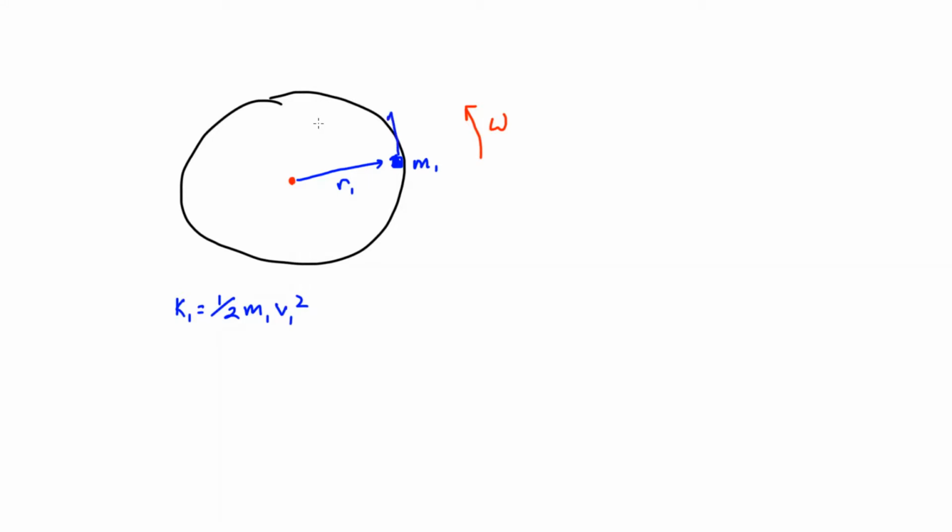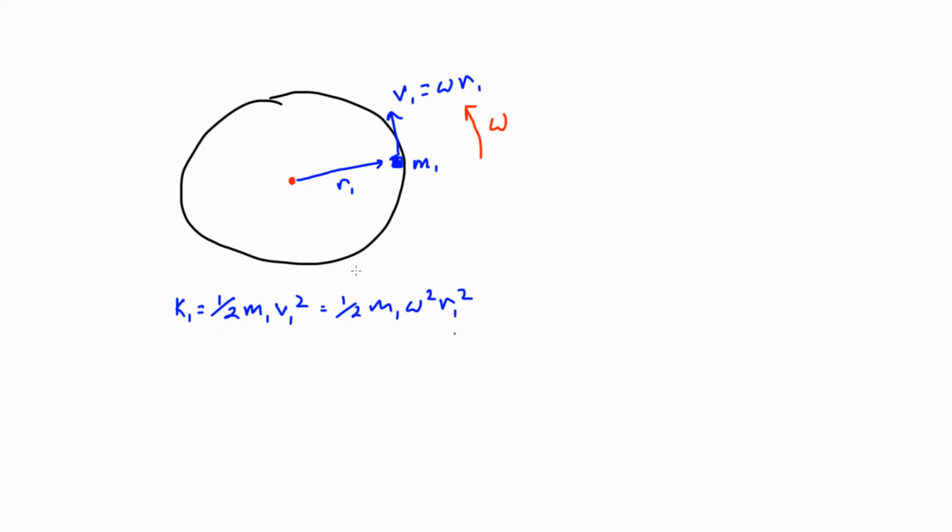The velocity of this little chunk is going to be tangent to the circle, and this velocity v1 is going to equal omega times r1. We know there's that relationship between tangential velocity and angular velocity omega. So I can write this as 1/2 m1 omega squared r1 squared.